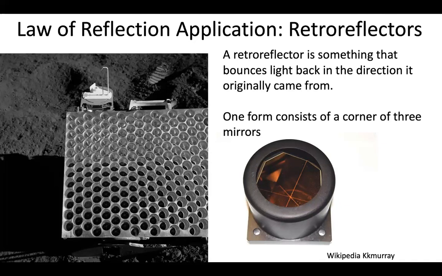These are just something that bounce light straight back in the direction they originally came from. These are things found on, say, bikes and other things, various signs and such. And there's also a very interesting one that sits on the surface of the moon. And I'm going to talk about this because this is a nice practical example of why understanding how the law of reflection works is useful.